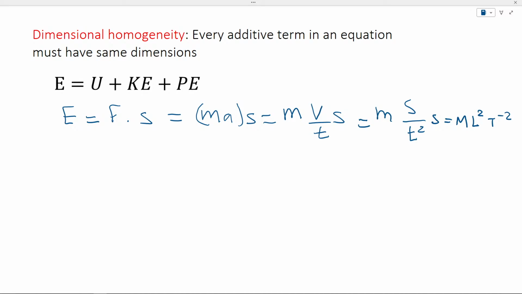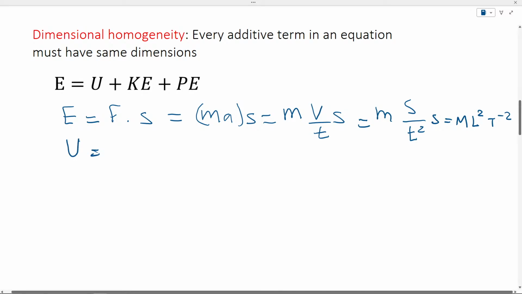Energy due to a pressure gradient, this one, is equal to pressure times volume. Remember, pressure is force over area, and volume is just volume. So you can express it like this.